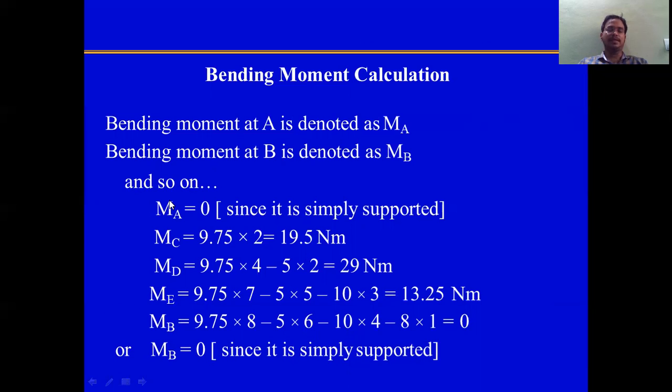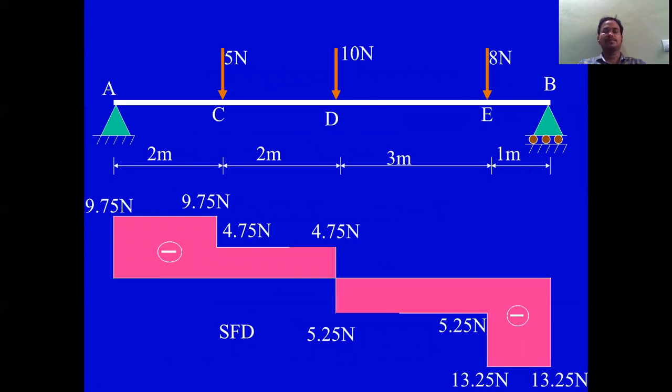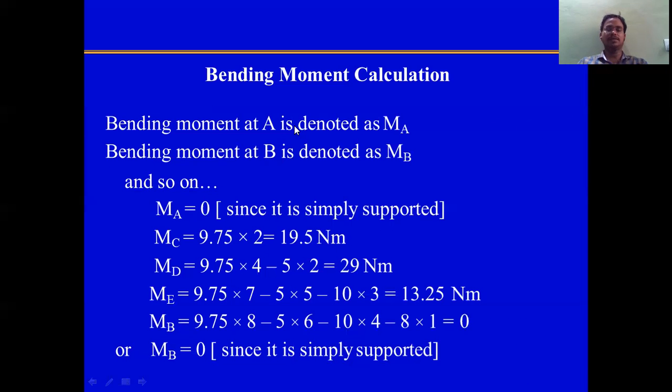Now at D, the second one at D, it is 9.75 into 4 minus 5 into 2. Just the resultant moments you need to take. Resultant moments at that particular point you need to consider.